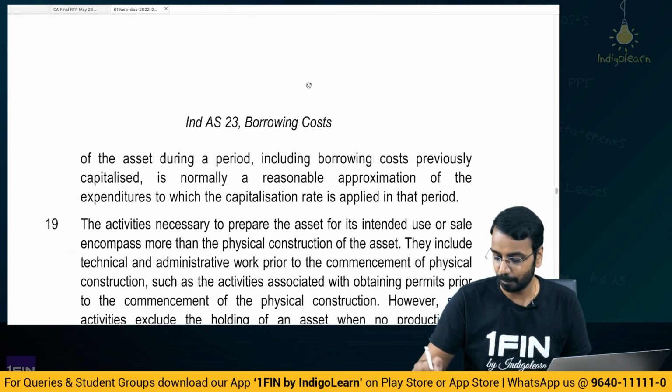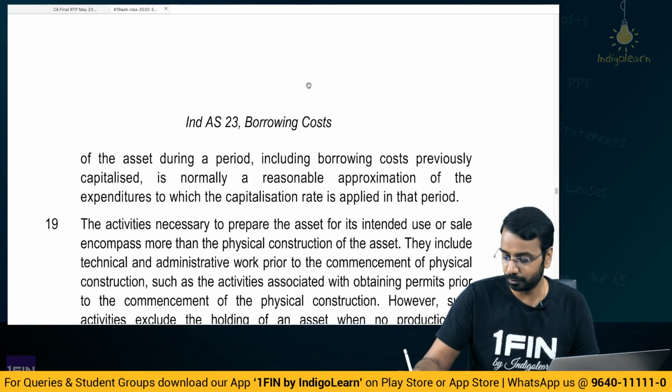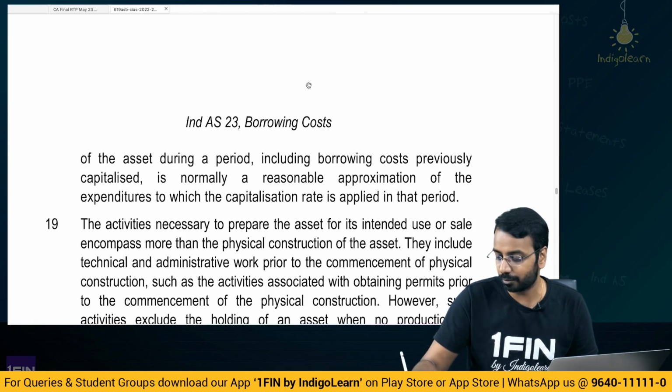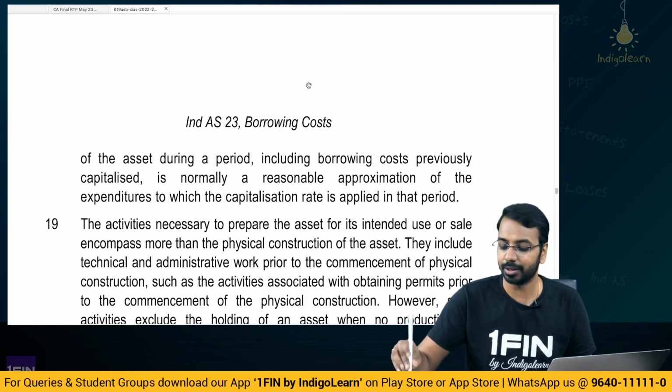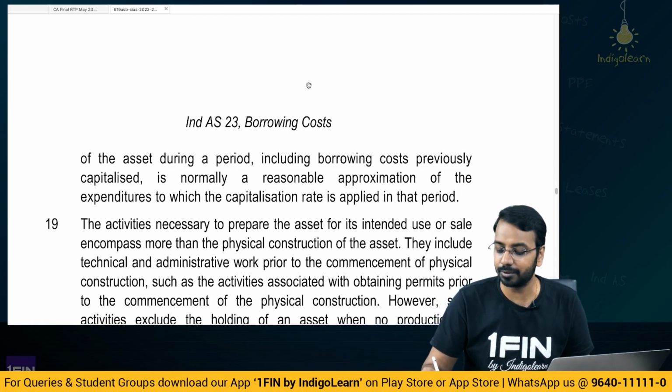So, for example, instead of doing amount into rate into number of months divided by 12, you can also do, on that amount you calculate what is the weighted average. So, what do I mean by that?